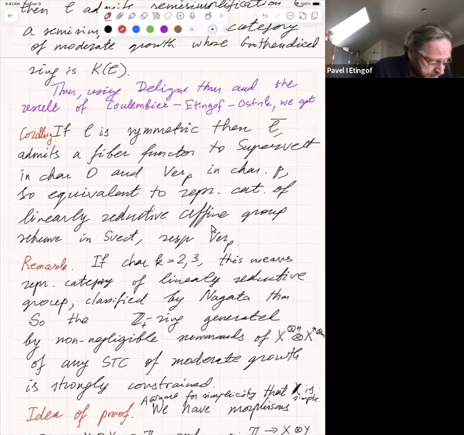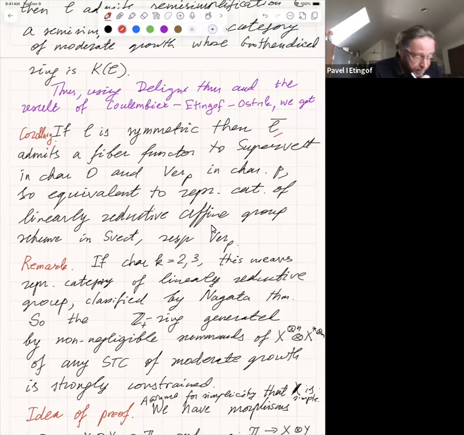So just take any symmetric category of moderate growth, Karoubian, take an indecomposable object X, and look at non-negligible direct summands in tensor products X to the n times X star to the m, and we tensor them and we kill all the negligible summands.